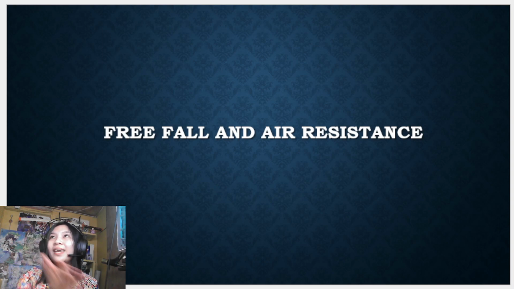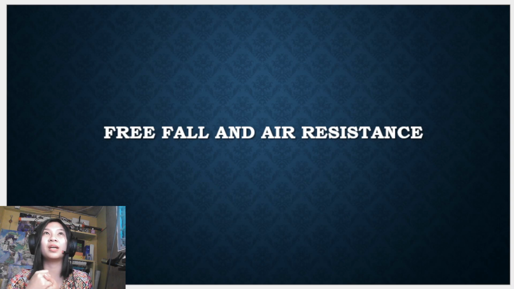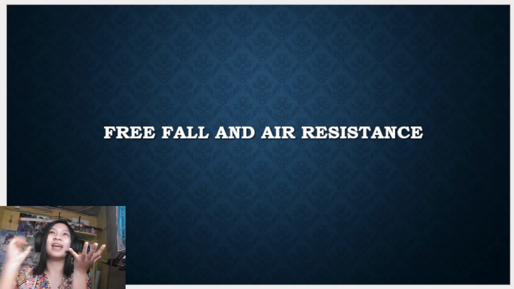Negative 9.81 meters per second squared, which is the G. Okay? Which is the G. So it means regardless of their mass, whether they are small or big, they will fall at the same time. Same as that situation from before, the examples about the rock and the feather.